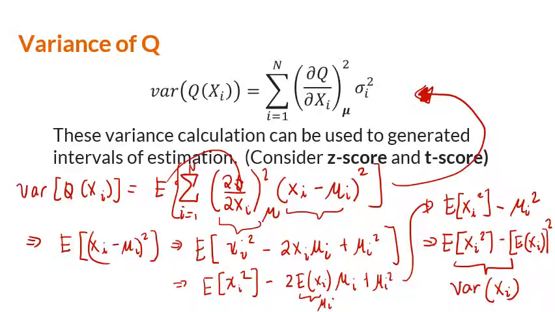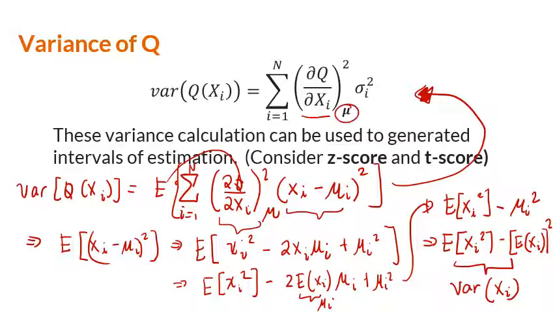generalized function q of x as the summation of the partial of q with respect to x sub I squared multiplied by the accompanying variance related to your x sub I, and your derivative partial of q with respect to partial of xi is evaluated at your mean mu.